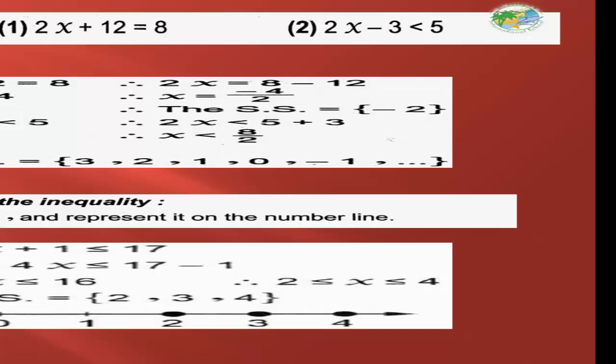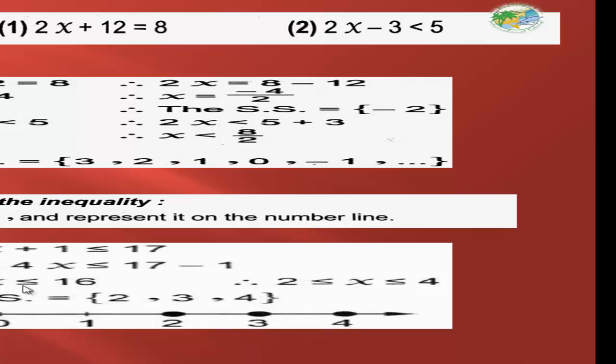This question is a very easy question. The only difference is that here we move the plus 1 or the negative 1 on both sides, not on one side. That means on the right side and on the left side. Here the plus 1 goes to the other side. You have 2 sides, so here we go to the other side and it will be negative 1, and here also negative 1. And the answer: 9 minus 1 equals 8, 17 minus 1 equals 16. The same steps: we divide here by 4 to remove the 4 from the x, to find the value of x or the solution set of x.